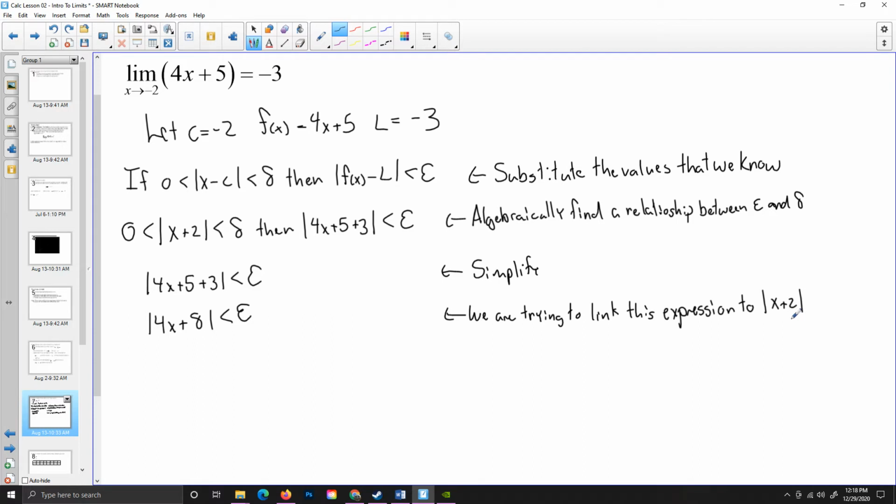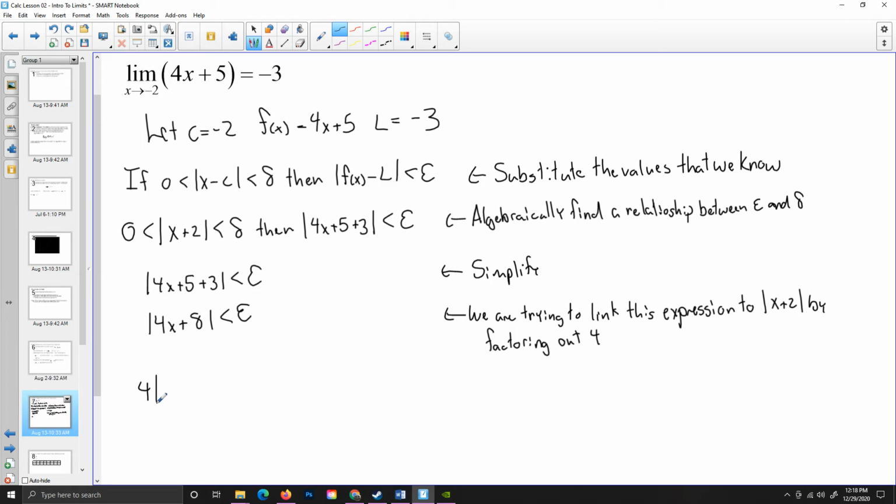The reason it's x plus 2 is because that's what we came to in the delta expression. If the delta expression was different, this would be different. And we can see that if we factor out a 4 from each of these two terms, we will get x plus 2. So let's factor out that 4.